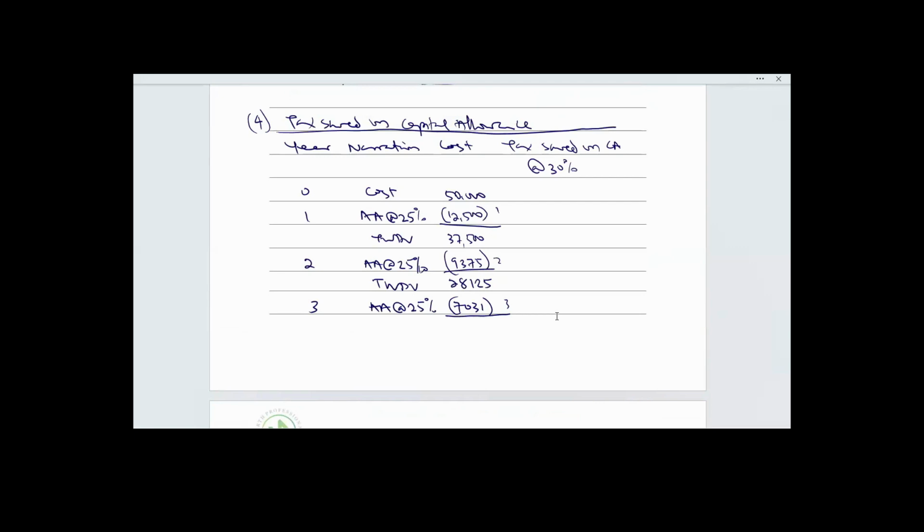So tax saved on capital allowance is the company tax rate multiplied by the capital allowance for each year. Therefore, what I have on my calculator, 12,500 multiplied by 0.3 equals 3,750. That's the tax saved on capital allowance.